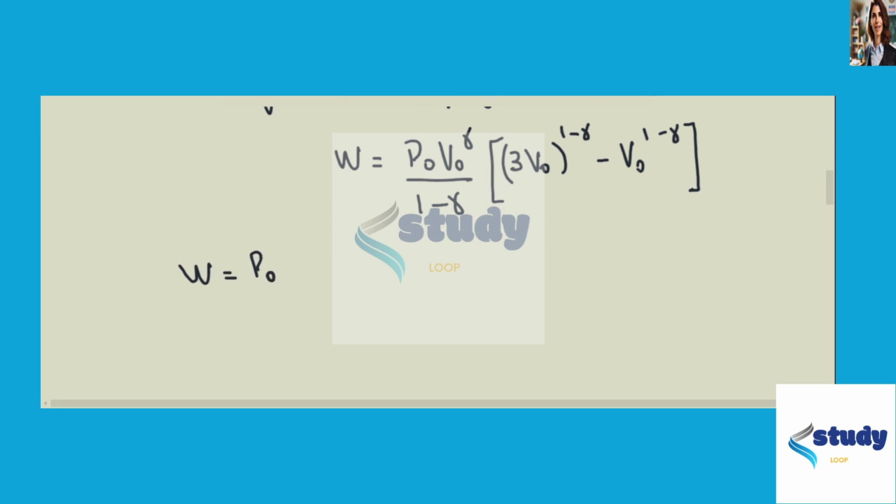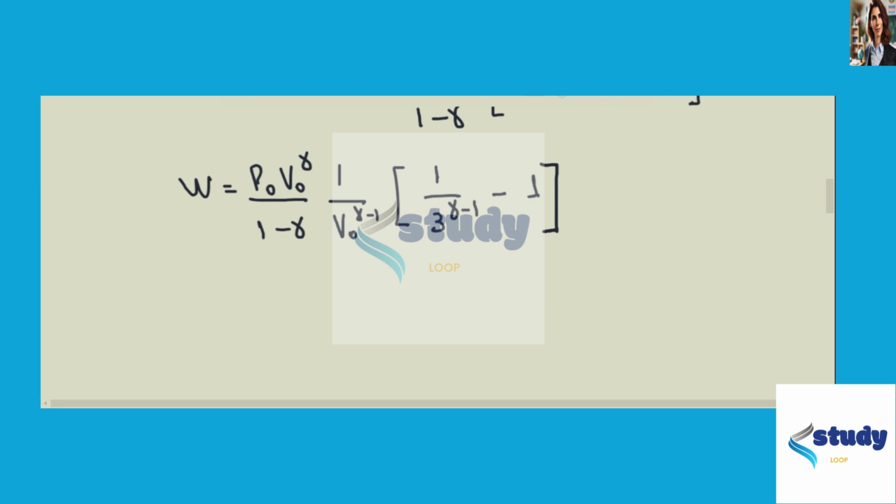I'm going to write what's inside as 1 over V0 to the gamma minus 1 times 1 over 3 to the gamma minus 1, minus 1. Notice that the V0 to the gamma here cancels, and we're left just with P0 V0 divided by 1 minus gamma times 1 over 3 to the gamma minus 1, minus 1.